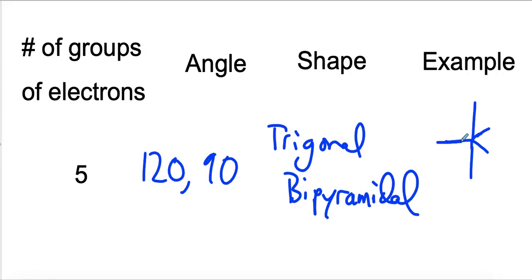I'll reinforce those. We get a different color. So there's some that are flat in the plane here, and then there's 2 that go straight up and down. So the 120 angles are here, and then there's some 90-degree angles going straight up and down.